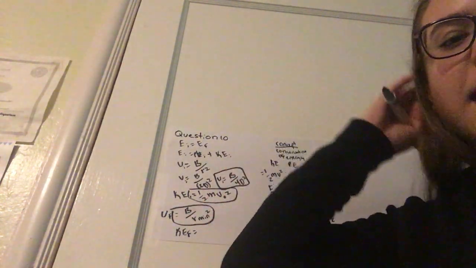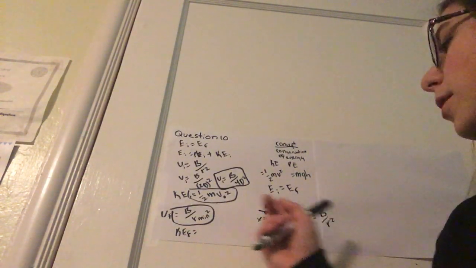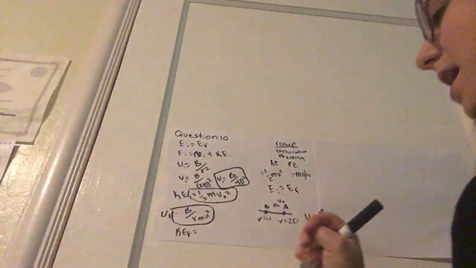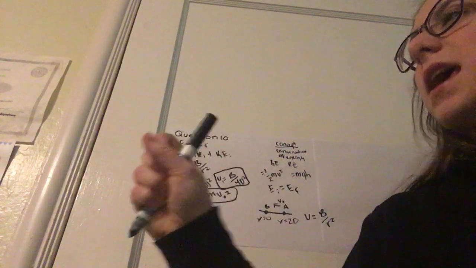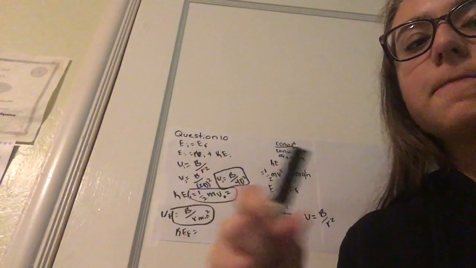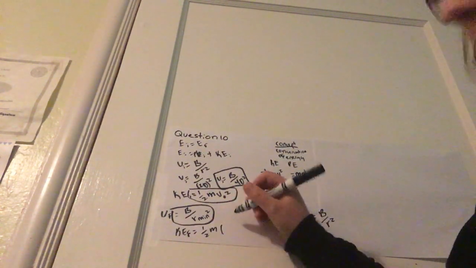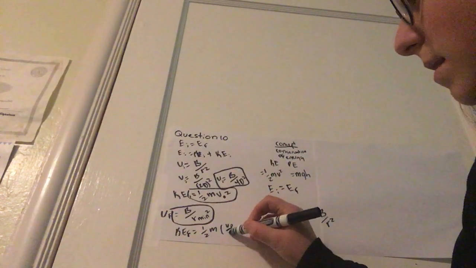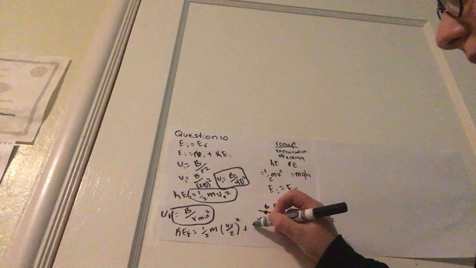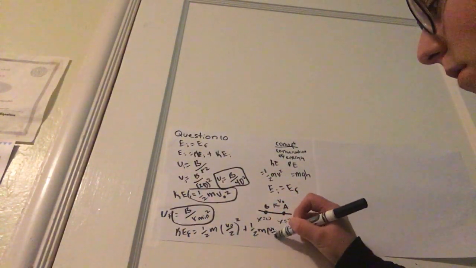Okay, so remember at the end, particle A hits particle B, so they're both moving at the same time. And since it hit it, they're each going to have half the amount of velocity. So it's going to be 1/2 m times the initial velocity over 2, squared, plus 1/2 m times the initial velocity over 2, squared.